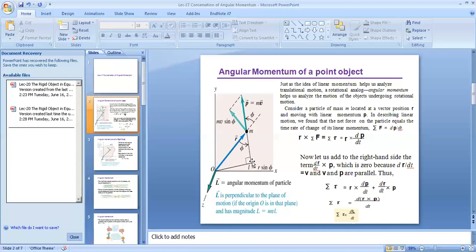As we know that p is related with force through a time derivative, it means that we can express summation F equal to dp over dt.